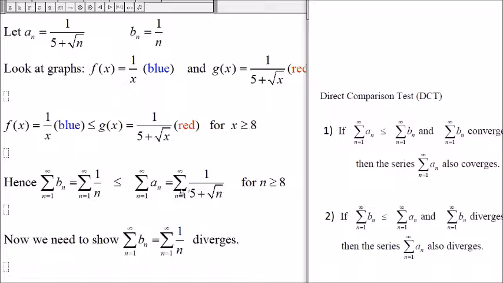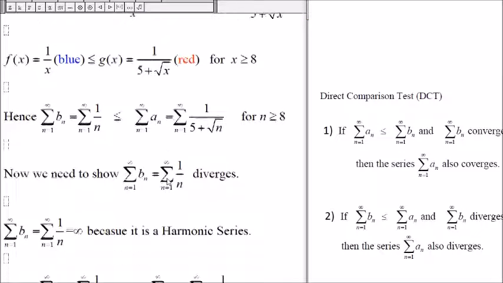In order for us to show that the series 1 divided by 5 plus the square root of n diverges, we need to show that b sub n is less than or equal to a sub n, and also that the infinite series b sub n diverges. And so right here we've shown the first part: the infinite series b sub n is less than the infinite series a sub n. And now we need to show that the series b sub n diverges before we can say that the series a sub n diverges.